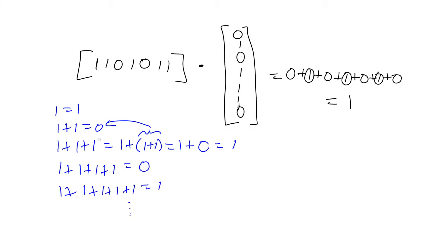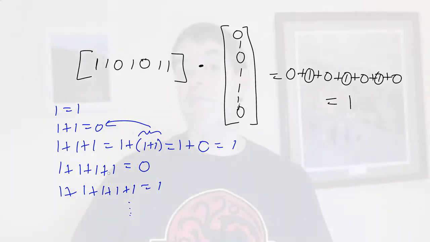So it basically just comes down to how many ones do you have. If you have an odd number, the answer is going to be 1. If you have an even number, the answer is going to be 0. That way it restricts all of the values that we're going to be working with to the binary numbers 0 and 1.